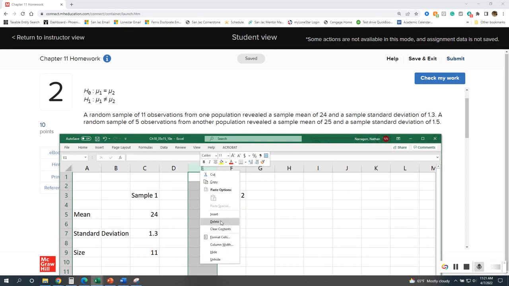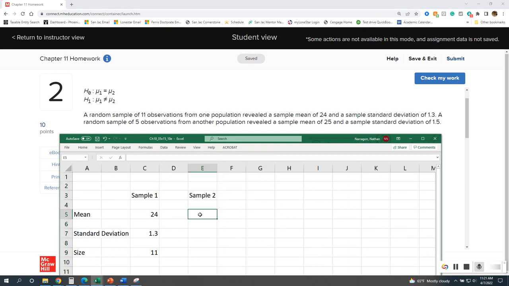I'm actually going to eliminate that column. Bring it a little bit closer. Okay, and we enter in the information. There we go.